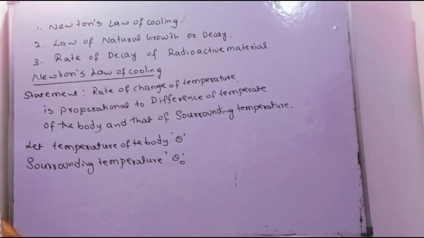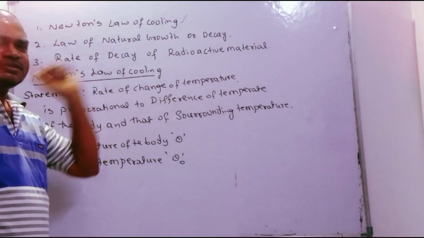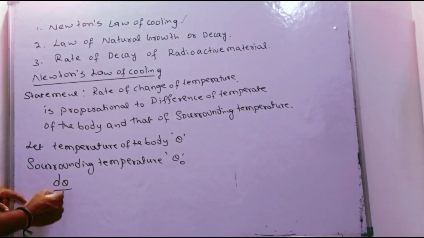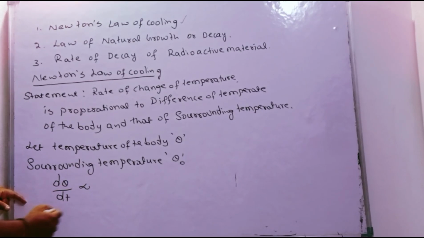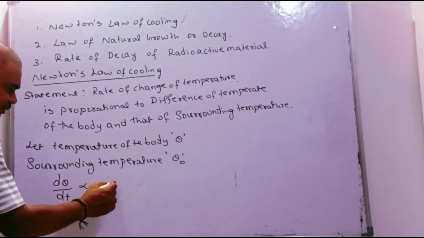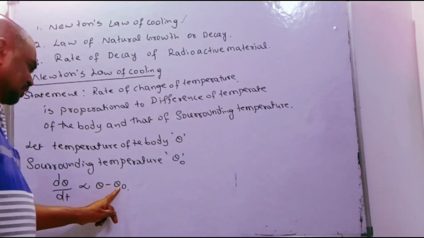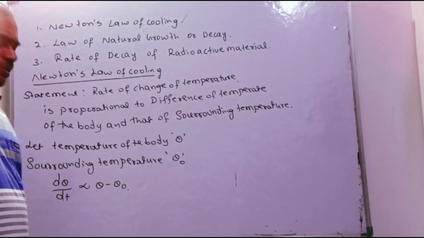Then the rate of change of temperature, d theta by dt, is proportional to theta minus theta 0, the difference of the body temperature and surrounding temperature.